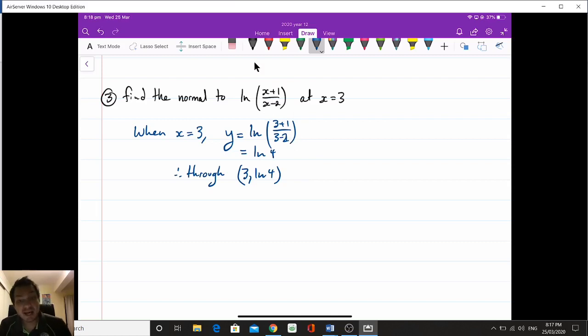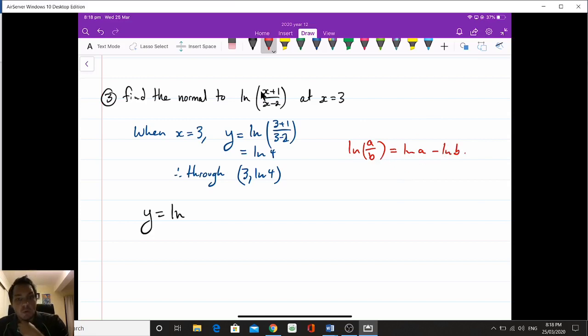But the next thing is how are we going to differentiate this? We should use our log law. I'll put the log law over here first. Remember, if it's any log of a over b, that's the same as ln a minus ln b.